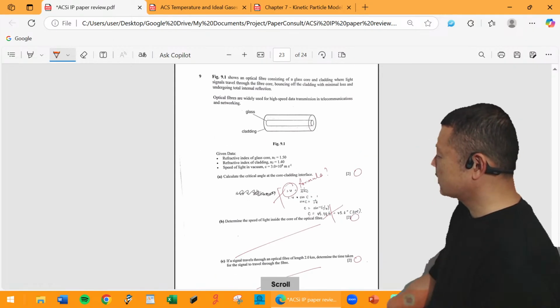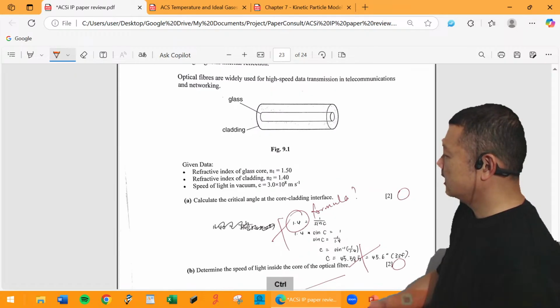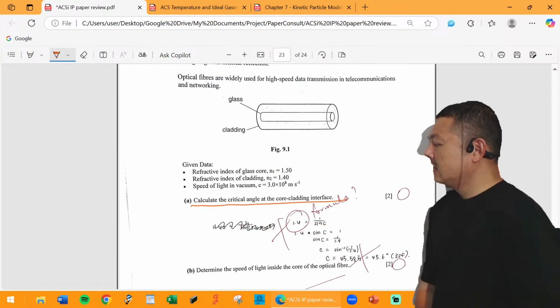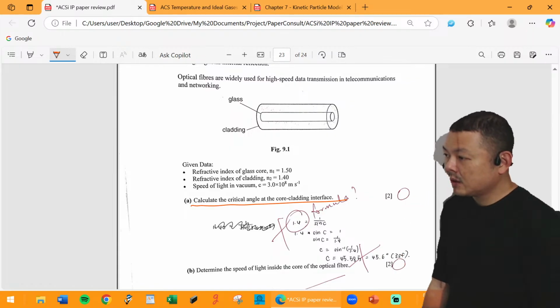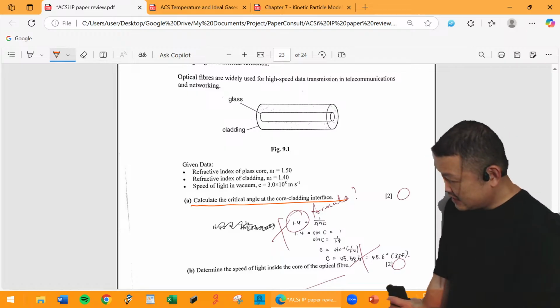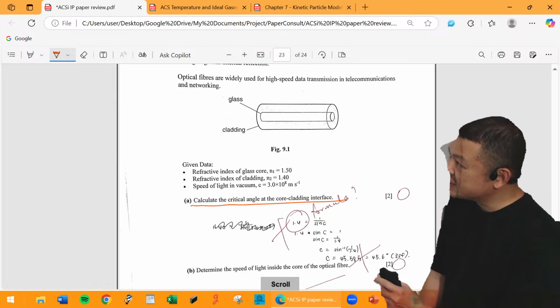Okay. Question 9, this one. Did I not go through this? I did. I did. Using which equation?